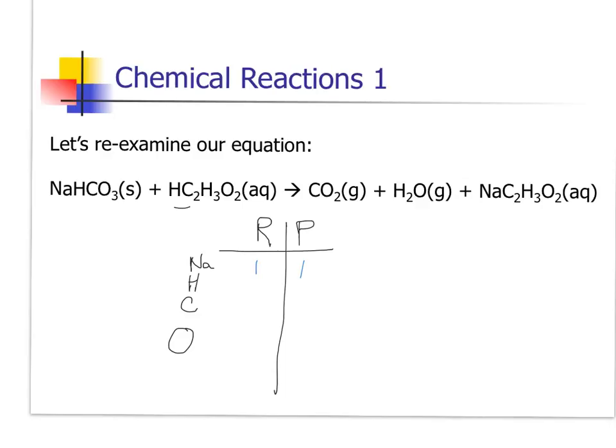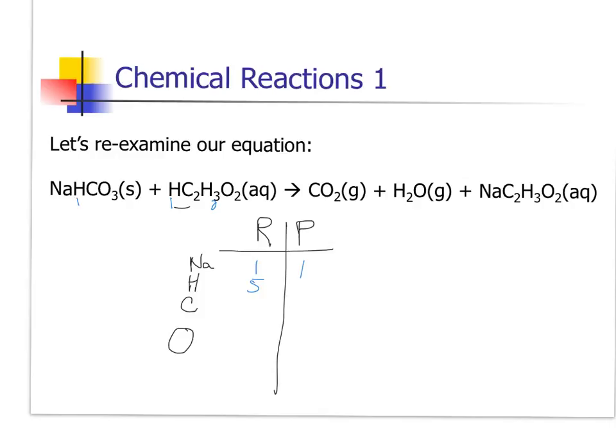Hydrogen, and now we have to be very careful to look at every single hydrogen. I have 1 hydrogen here, 1 there for 2, and then I have 3 right there. Well, 2 plus 3 is 5.